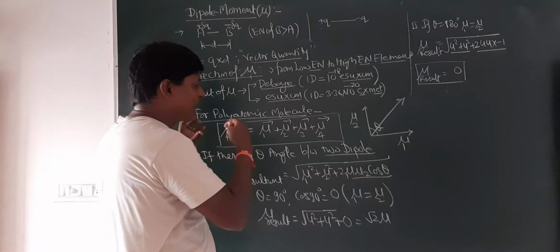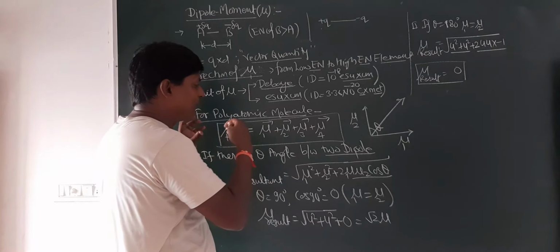If a lone pair is present at the central atom, then the direction of mu will be from the central atom to the lone pair.